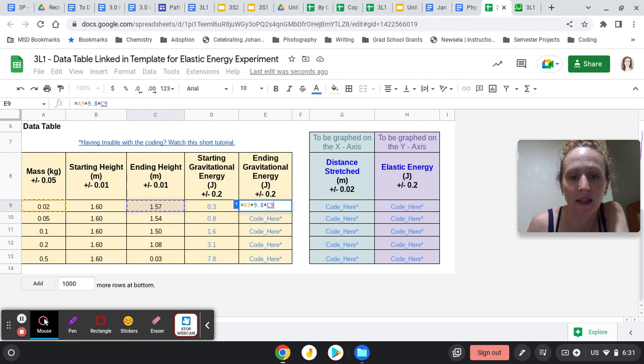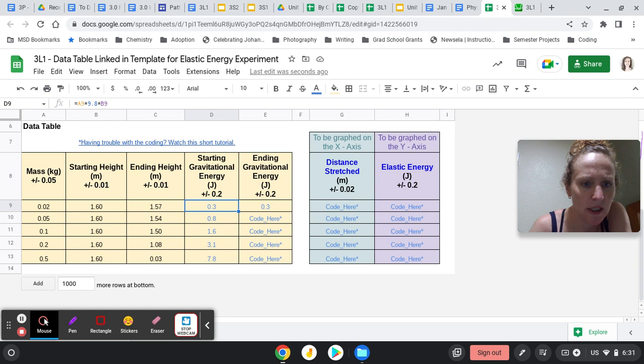And then when I click enter, it gives me an answer, but it's the same as my first answer. Let me double check. A9, B9, and this one is A9, C9. So it's correct. It's just rounding.